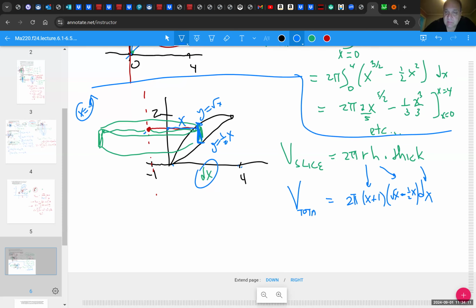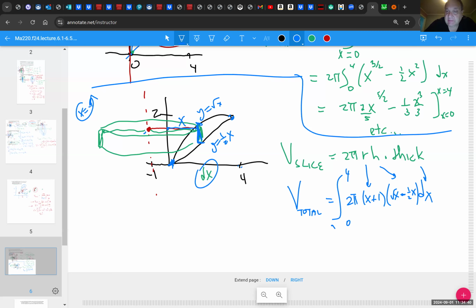Our region doesn't exist over here, it isn't near -1. Our region starts at x equals 0 and ends at x equals 4. That's why 0 and 4 are the numbers there, because they represent the smallest and biggest x values of our region. So this is the volume for our region revolved around the line x equals -1.